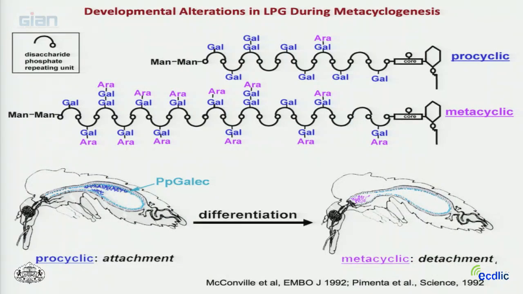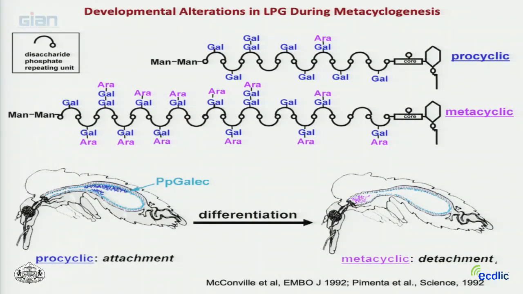So this is the LPG structure on the procyclic forms from culture, which are the forms that develop in the fly, differentiate to nectomonads, and attach to the gut wall. During metacyclogenesis, 2 alterations occur. The number of repeat units gets larger. They approximately double in size. So this LPG coat becomes even more impressive.